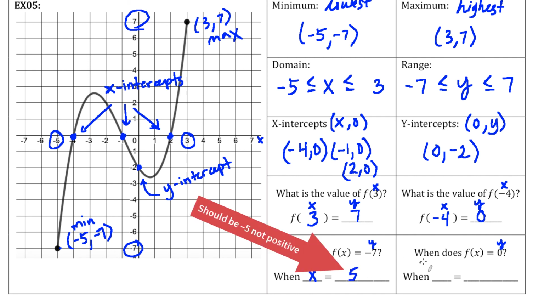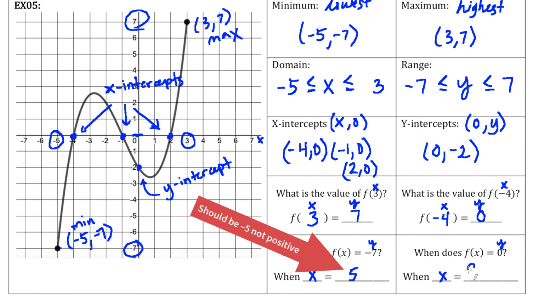All right, when does f of x equal 0? So when is the y 0? So never up or down. So you want to go on this line. This is 0 right here. When x is, oh, there's a lot. When x is negative 4, y is 0.